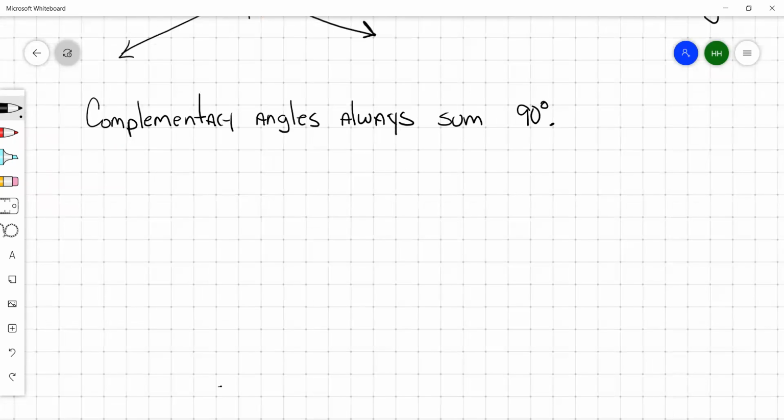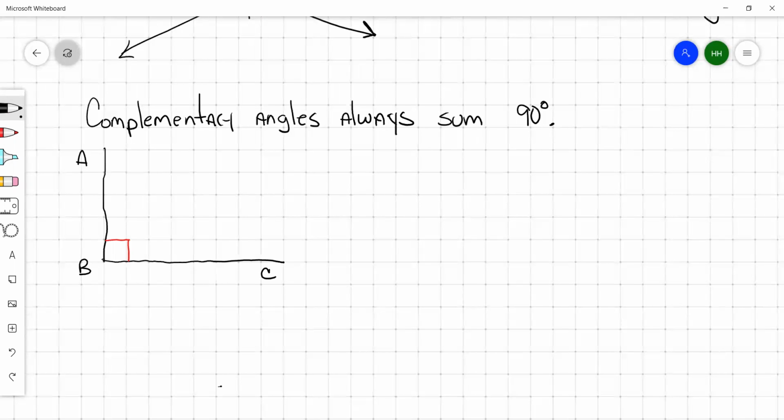An example of some complementary angles: if you were to draw this 90-degree angle right here and put the symbol in there. So this angle ABC right now is 90 degrees.